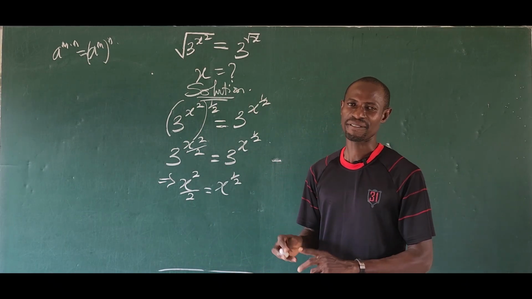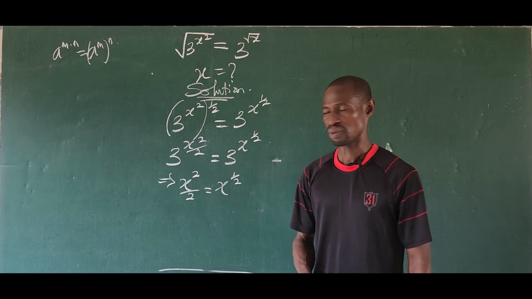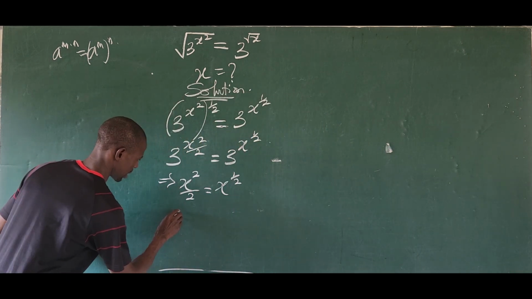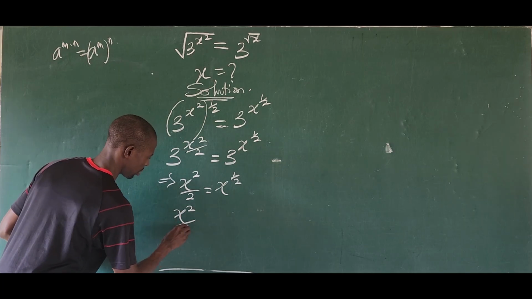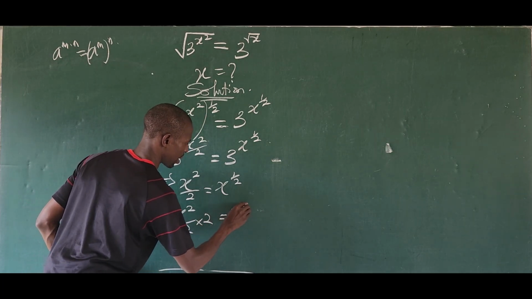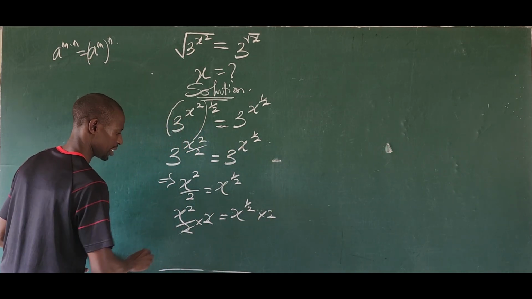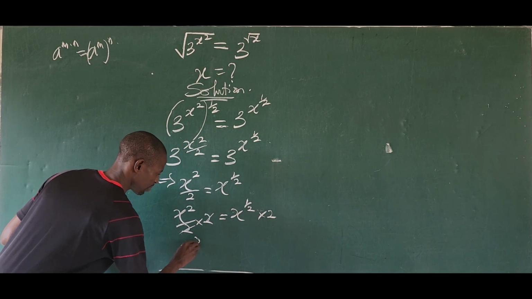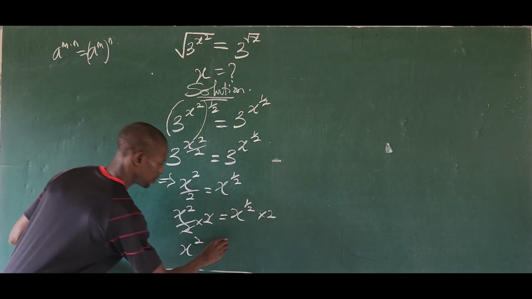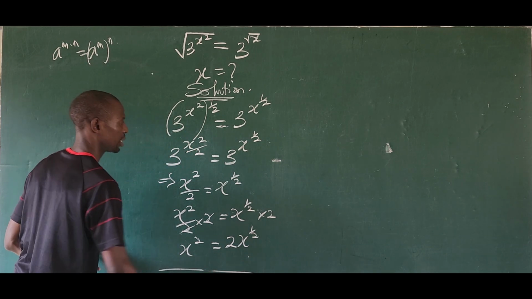So we eliminate the fraction by multiplying with 2. This gives us x to the power of 2 over 2 times 2 equal to x to the power of 1 over 2 times 2. This and this will leave. So we are now left with x to the power of 2 is equal to 2 into x to the power of 1 over 2.